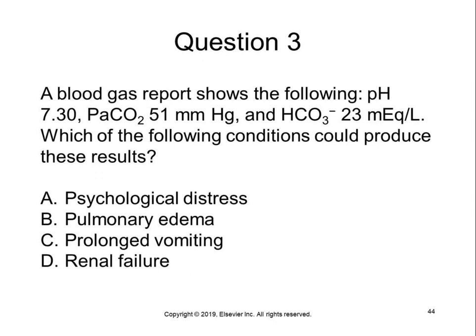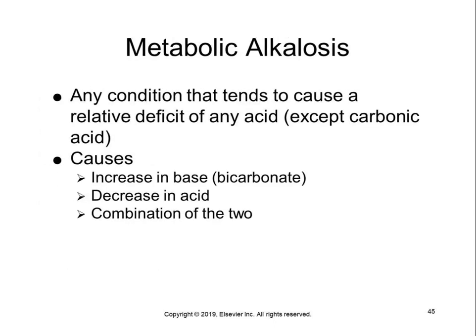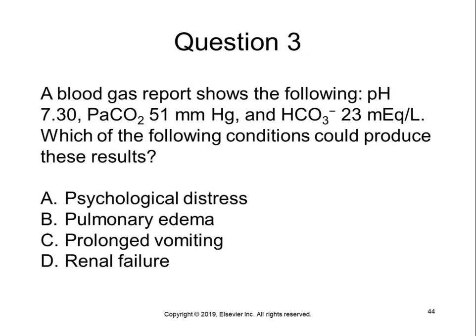Okay, first of all, you have to know that right here we have an acidosis. Acidosis because the pH is 7.3, which is lower than 7.4. Then we have to know which one is contributing to that acidosis.